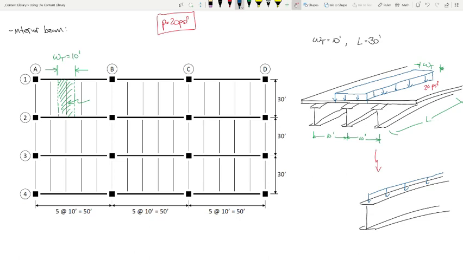How much load per foot is that beam seeing? 20 pounds per square foot over a width of 10 feet. 200 pounds per foot. So the distributed load is the pressure load times the tributary width.